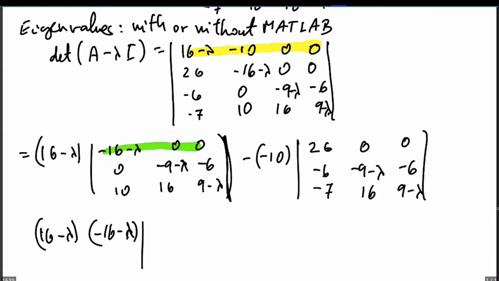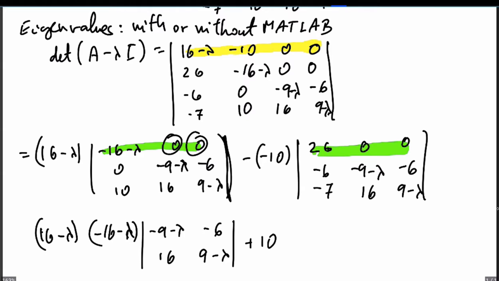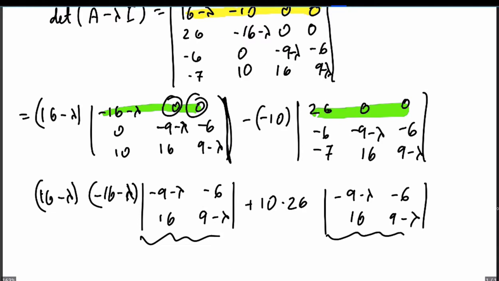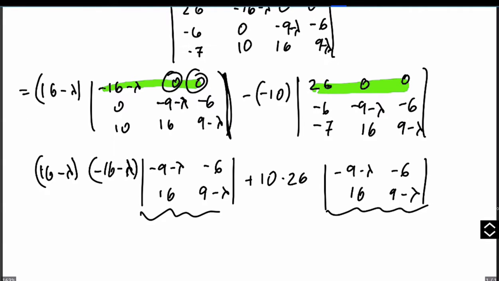times the sub-determinant, which is just 2 by 2 now, and the rest is 0 when we use these next two zeros. Then this part is similarly easy using the first row, because only the first entry in the first row is not 0. So we get 26 times the 2 by 2 determinant. Then it's nice to notice that these 2 by 2 determinants are actually the same. And that means that we can factor this out.